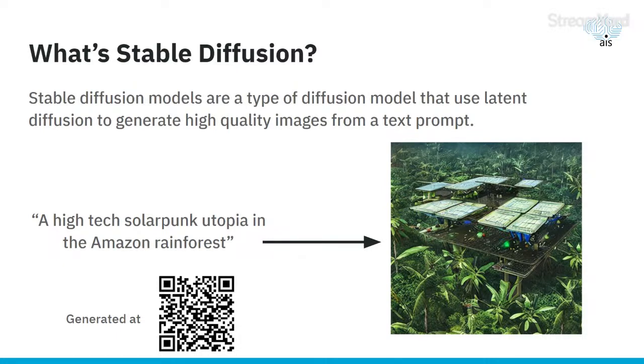If you were to use that QR code, that's a link to an API where it can do it a lot more quickly than your own personal computer, but it can take in text and give out this kind of image. This is actually one of the results I got when I put in the text "solar farm utopia in the Amazon rainforest", and I got a pretty nice result.